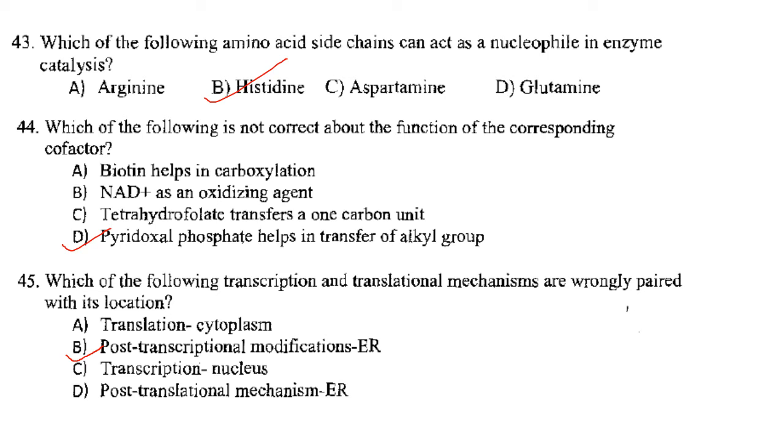And after these modifications have been completed, the mature RNA molecule will be translocated into the cytoplasm where protein synthesis can take place. So the answer here is option B. In the endoplasmic reticulum, post-translational mechanisms take place, not transcriptional modification.